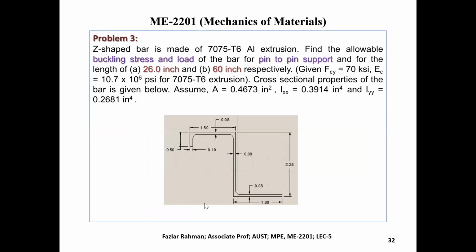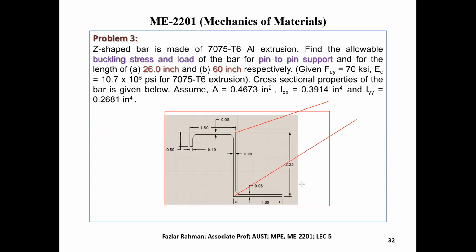Okay, I see this is problem 3. And you see it look like a Z, letter Z over here, right? And there's a lot of dimension over here. This is a material, a kind of bar. Okay, this is the cross section. You see, if I make line, then its 3D body would be like that.